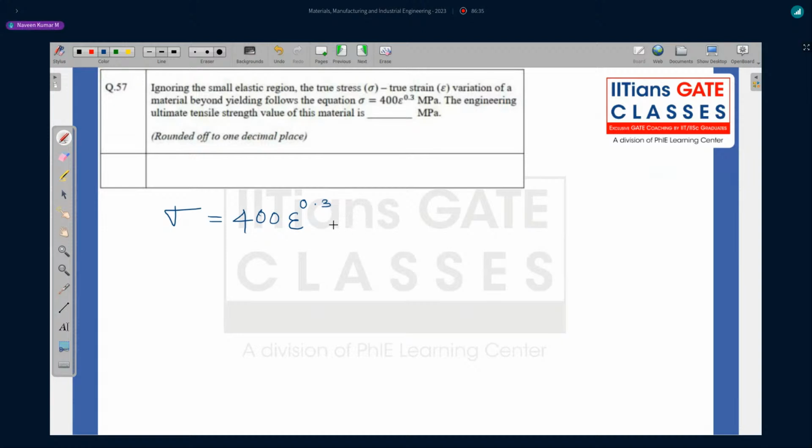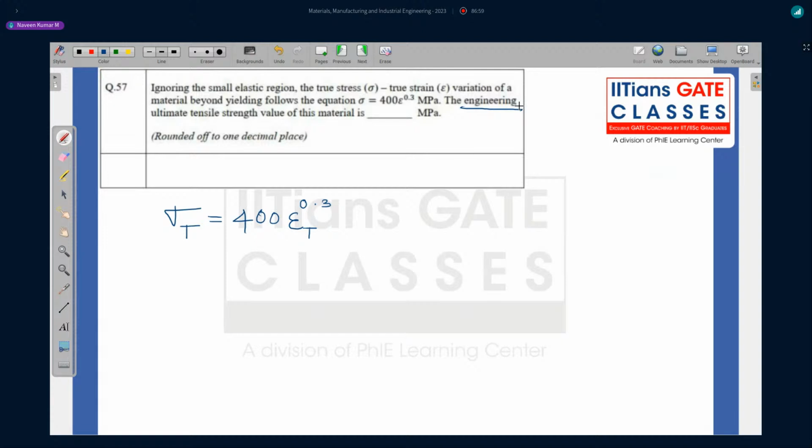But this is which stress strain? True. So hence I'll write as sigma t, epsilon t. The engineering ultimate tensile strength value, they are asking engineering. That is very important. People will forget. It is an easy question, but that is where people will make mistakes in a hurry.